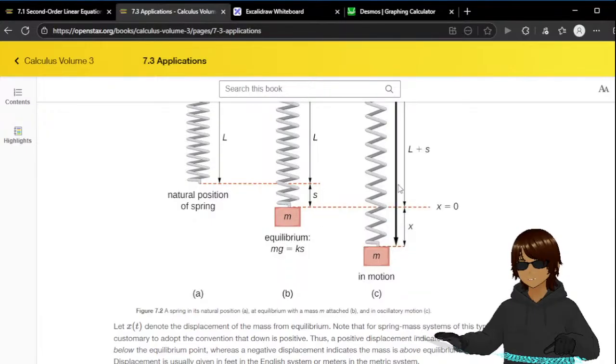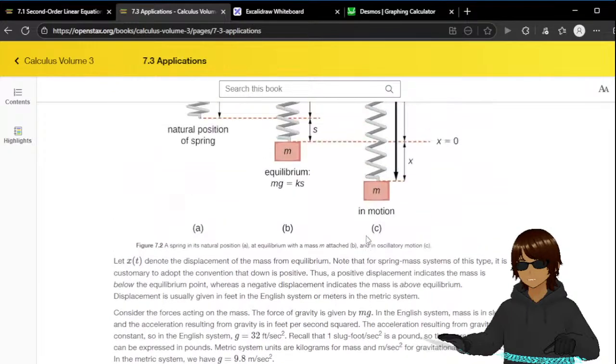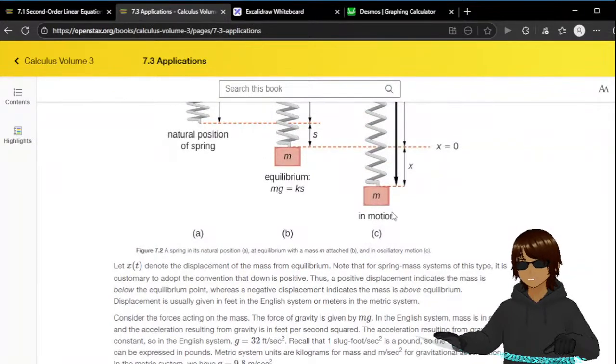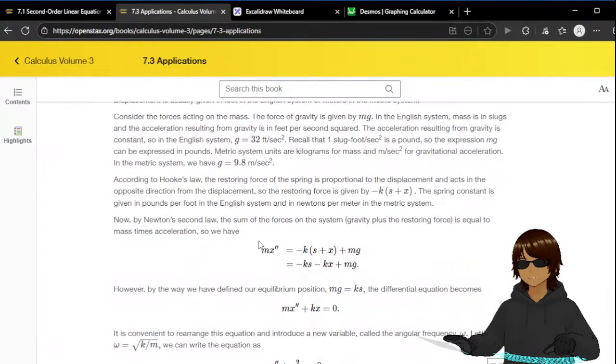So s is this, x is this. Okay, that makes sense. And the net force causes the acceleration and it accelerates upwards. The acceleration is negative, right?